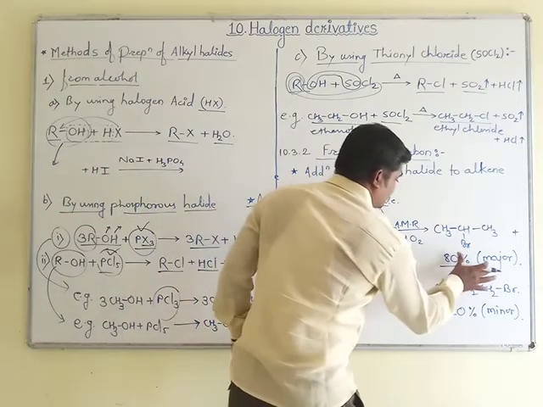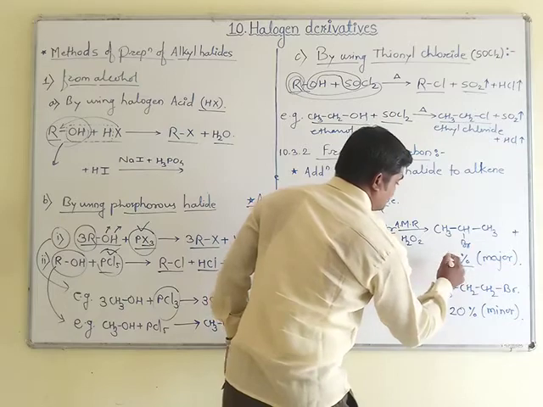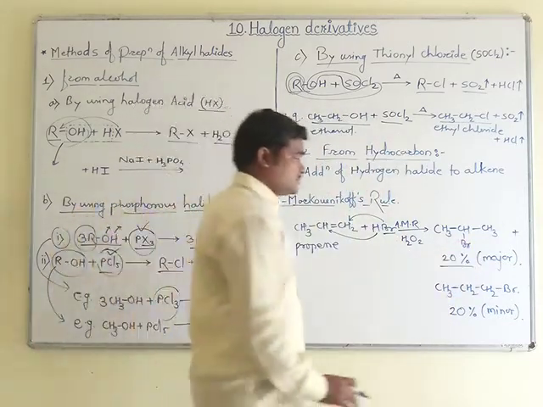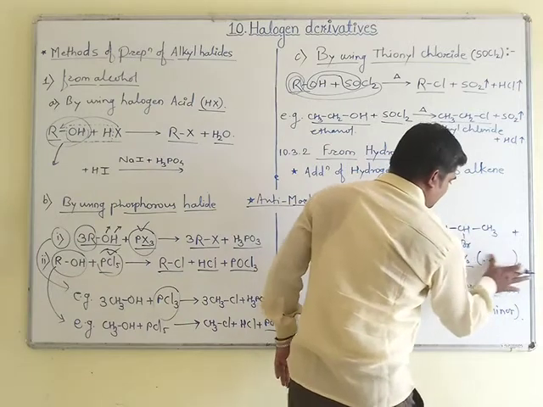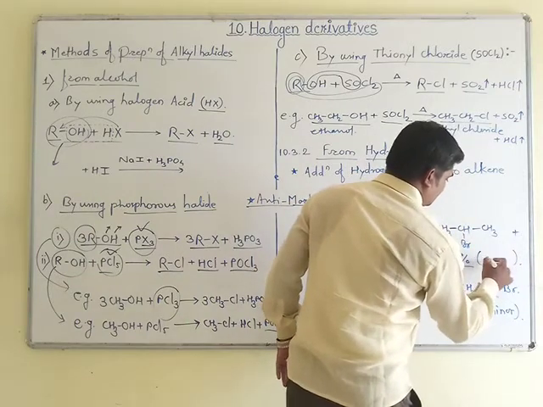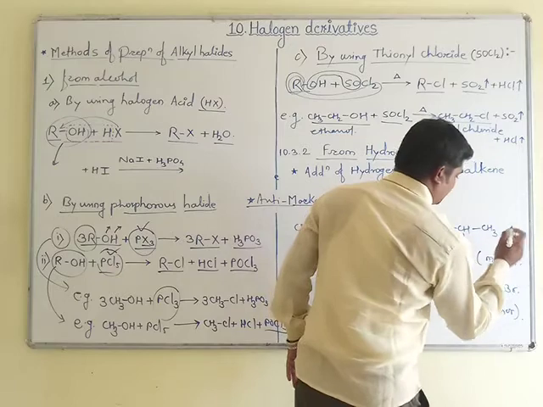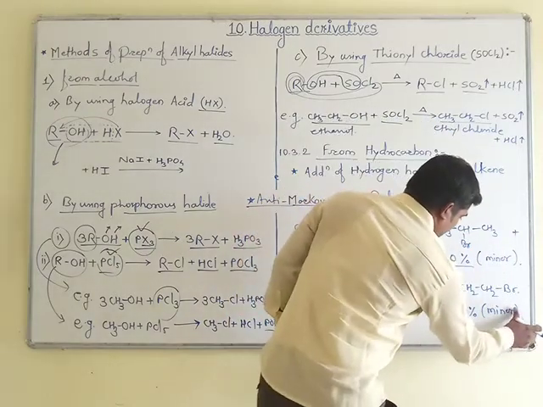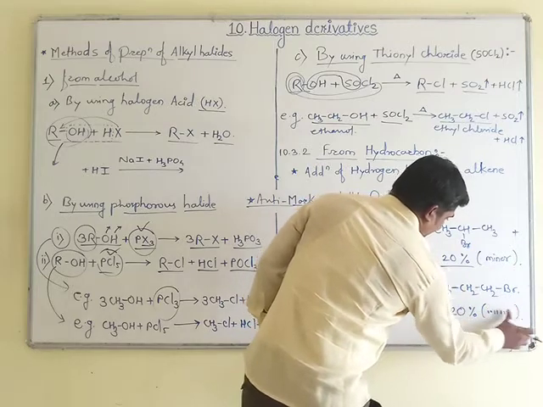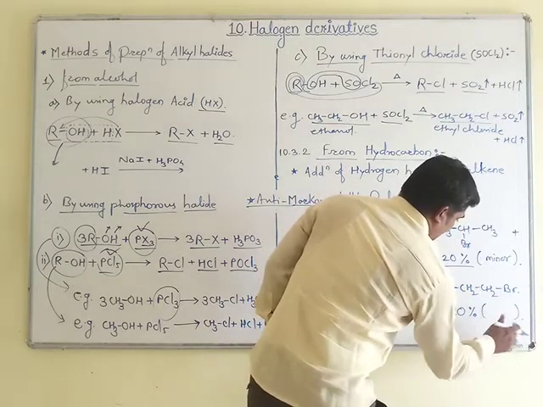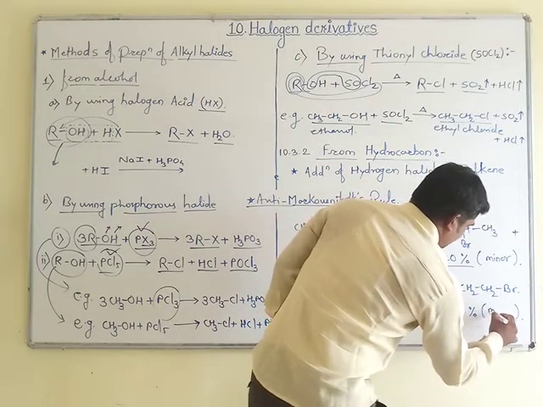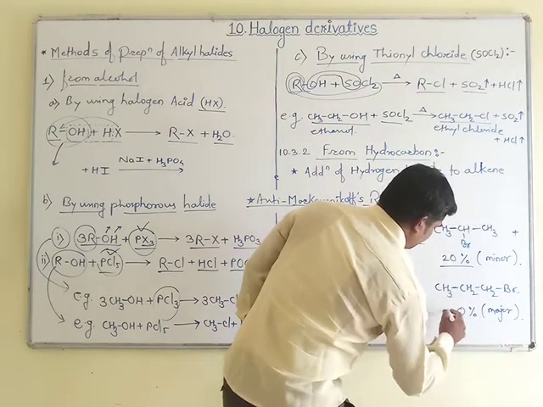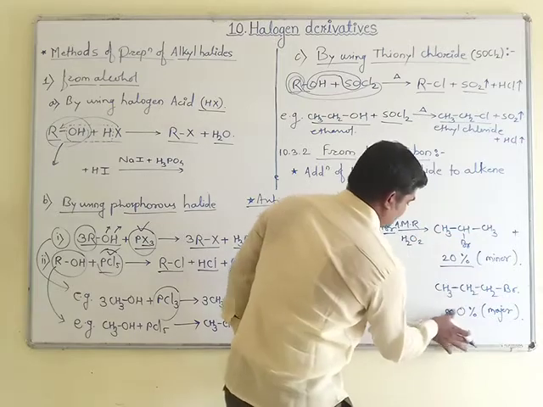Here we are getting this one as the minor product, and the 1-bromopropane that we have got is the major product, and here I will write 80%. Sorry.